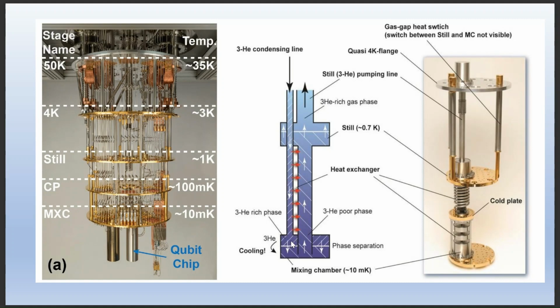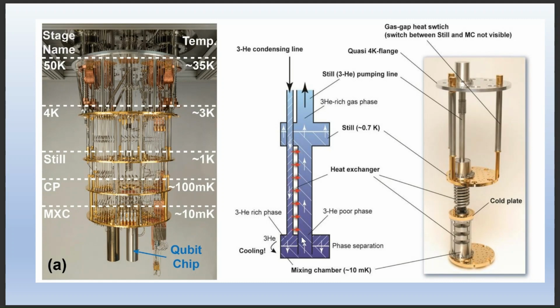When it goes down, as helium-3 has a higher vapor pressure, the helium-3 will go out of the mixture. Here the gas pressure goes from high pressure to low pressure, so it cools down automatically. When it goes out, the hot liquid gets cooled by the heat exchanger, and this flow continues, so the liquid gets cooled down.